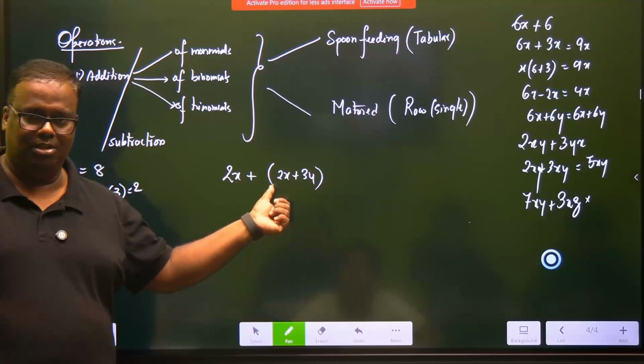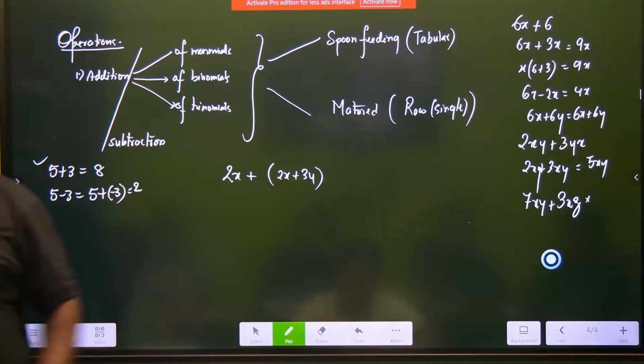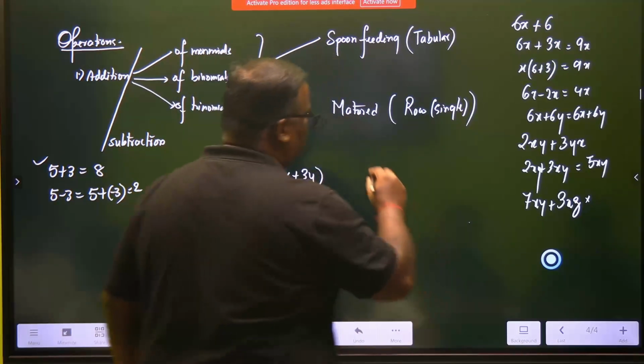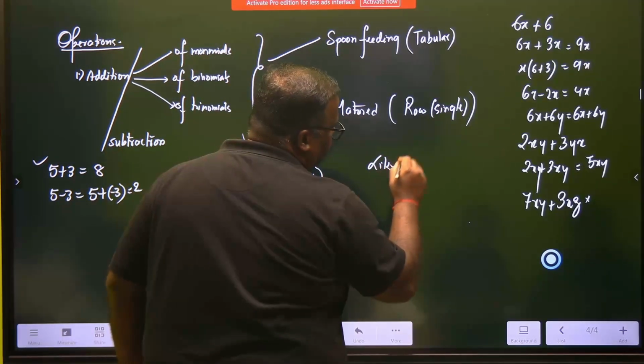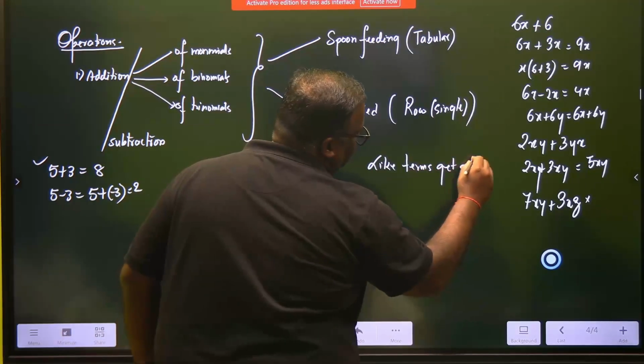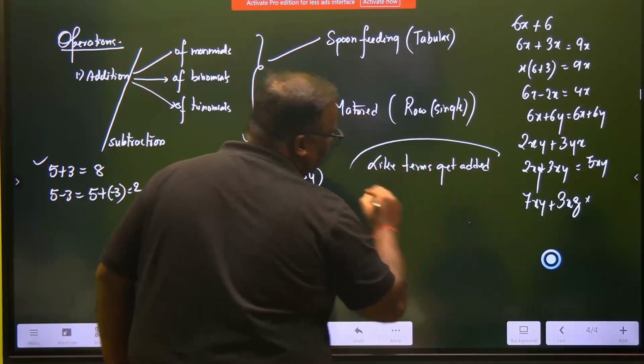Are you understanding? So whenever you add, make sure the bottom line is like terms get added, like terms get added. This was what I wanted to say by रिश्तेदारी बराबर वालों में होती है, like terms.